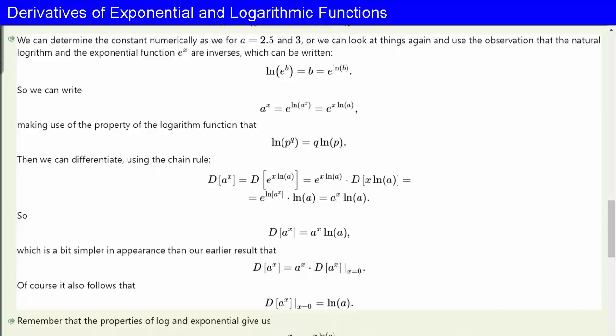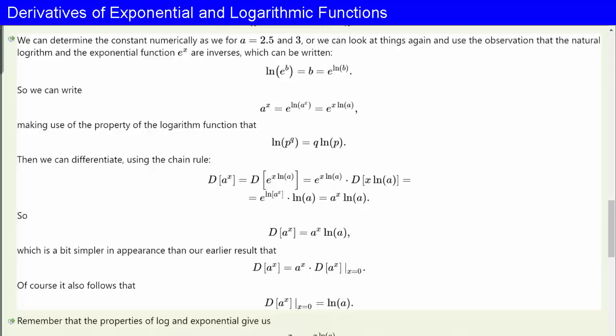Then you can differentiate using the chain rule. The derivative of a to the x is the derivative of e to the power x log a. And we know what that is. That's the derivative of the exponential function, which is just e to the x log a again, times the derivative of what's inside the exponential function, which is x log a.